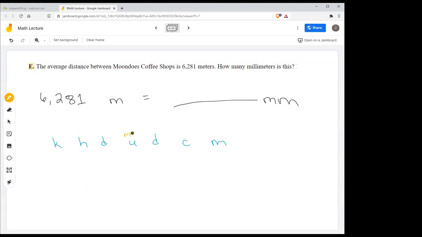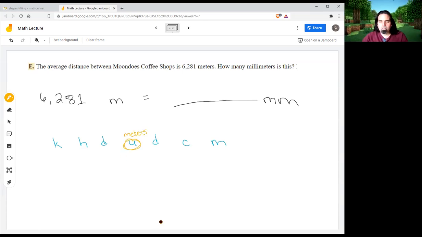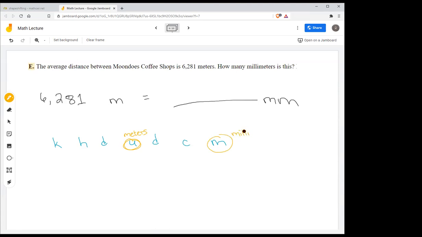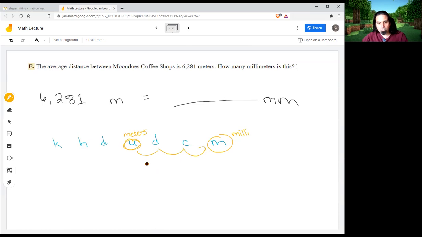The unit, plain meters. And where am I going to? M, milli. So 1, 2, 3 to the right. I need to put 3 more zeros on. Lots of millimeters.